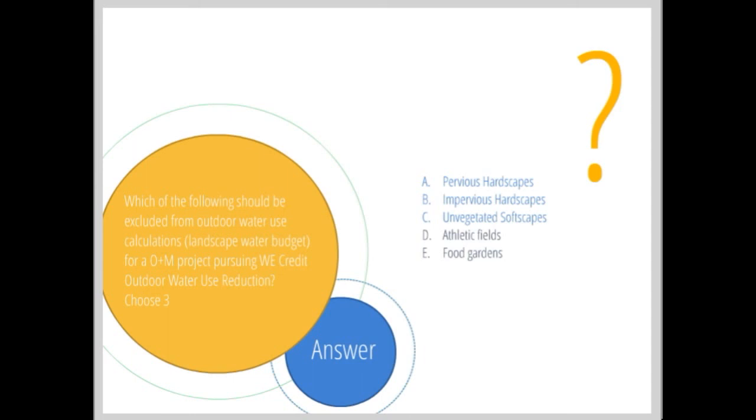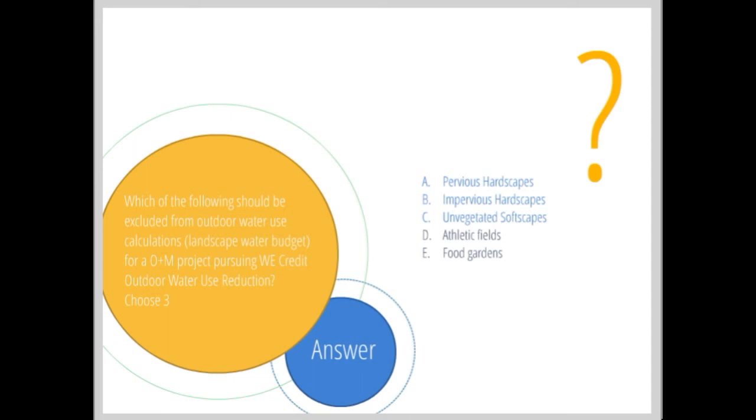Projects should not include hardscapes, whether pervious or impervious, or unvegetated softscapes such as mulched paths and playground areas. If the question had said "may," then the following landscape types may be included or excluded from landscape calculations: vegetated playgrounds, athletic fields, food gardens, and urban agricultural areas.